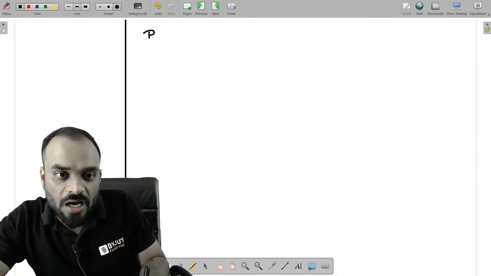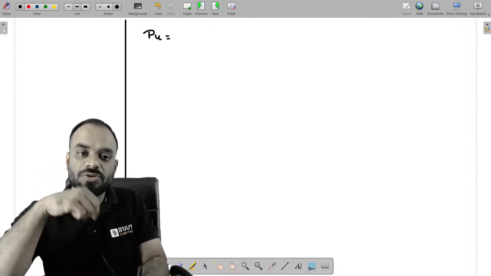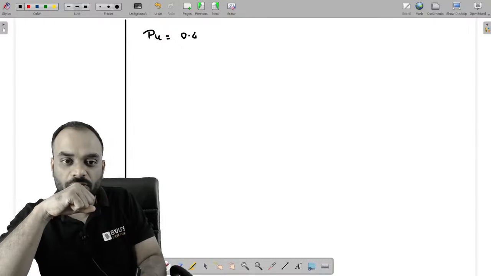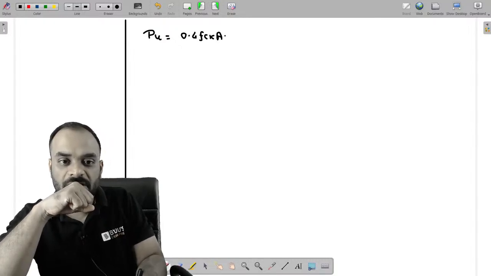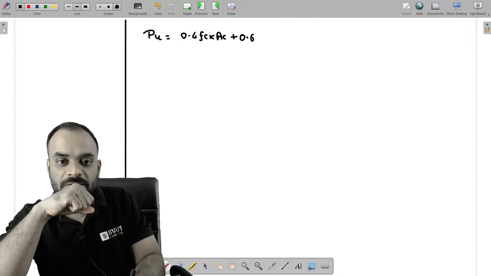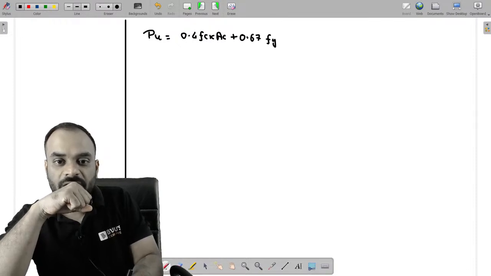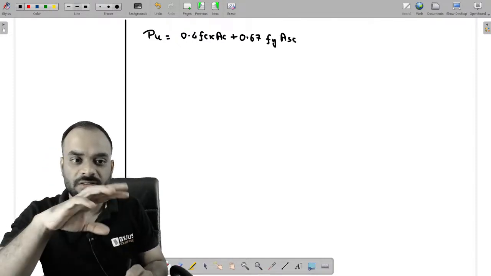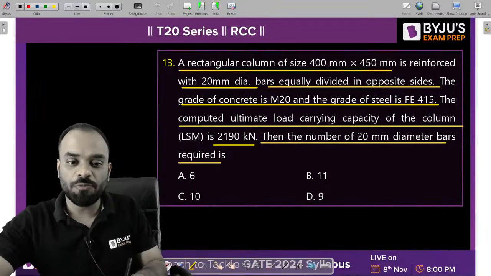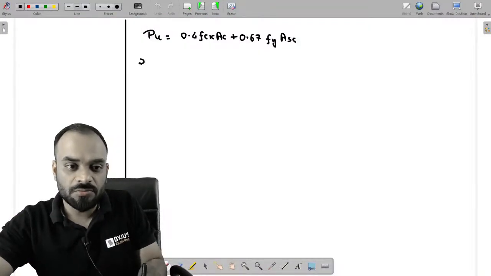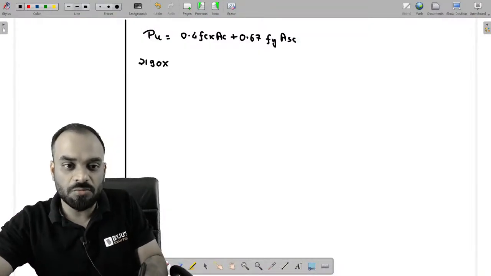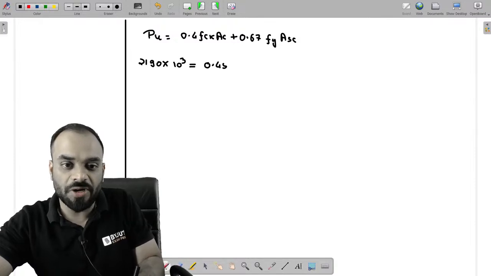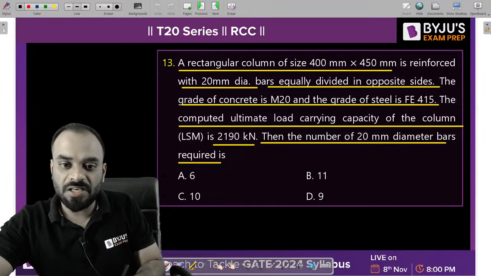You know that, guys, how to calculate the value of PU. PU is equal to 0.4 FCK into AC plus 0.67 into FY into ASC. This should be the formula. What is the value of PU? It is 2190. So 2190 multiplied by 10 raised to power 3 is equal to 0.45 FCK. FCK is 20.